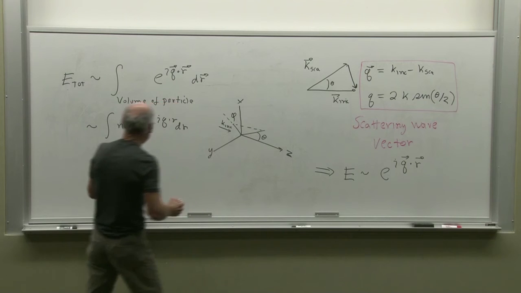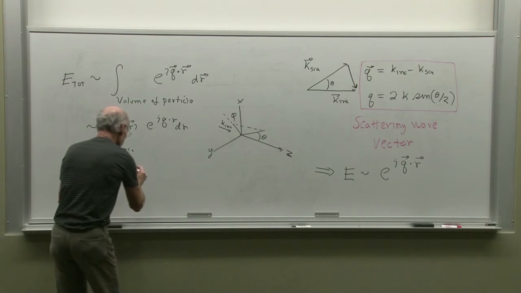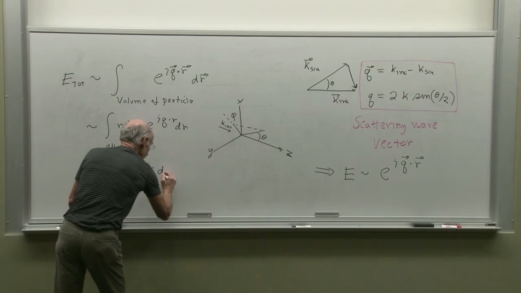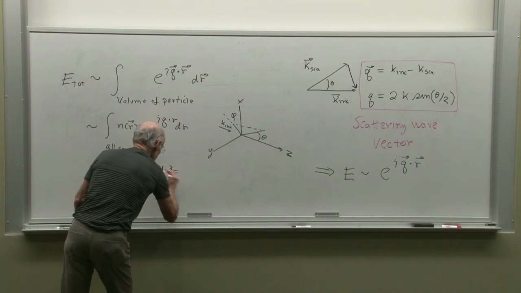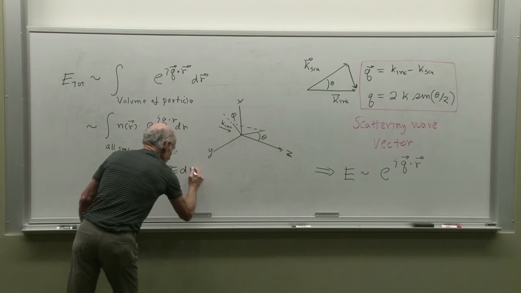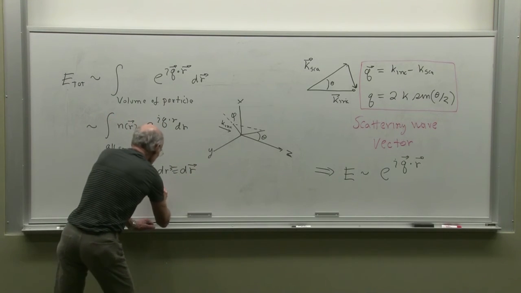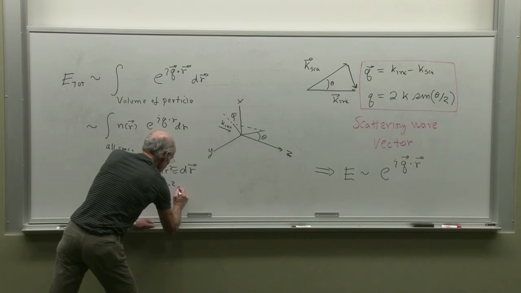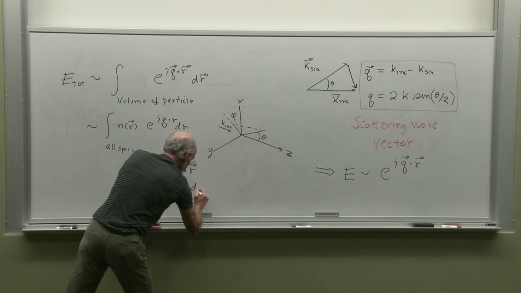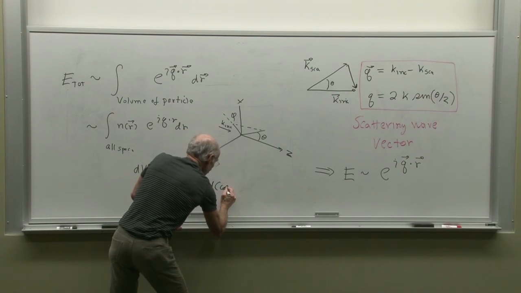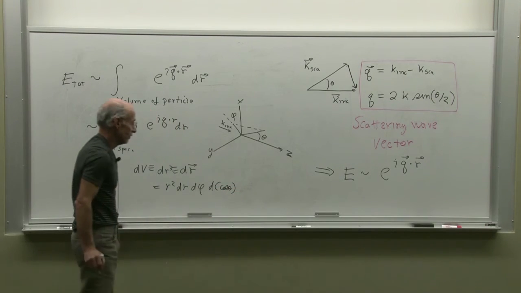If you're going to do a sphere, you're going to do your delta volume for a sphere, or another terminology would be this. Actually, these are identically equal. There's a bunch of ways to write this, but regardless, they're all equal to r squared dr d phi d cos theta.